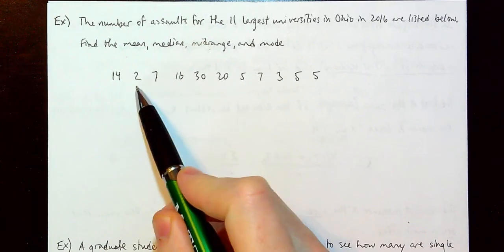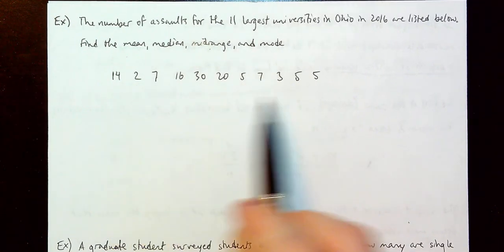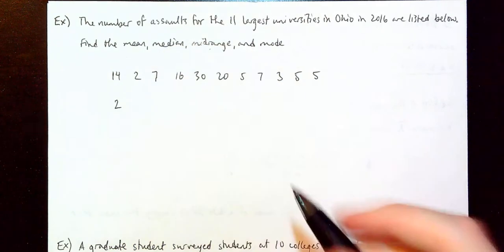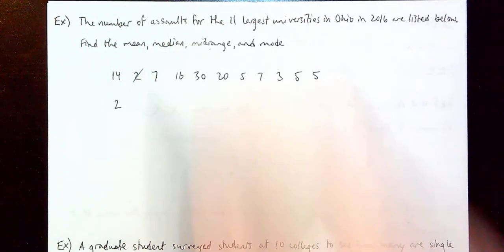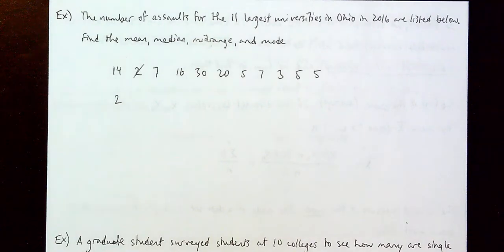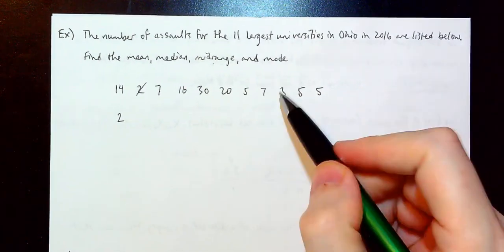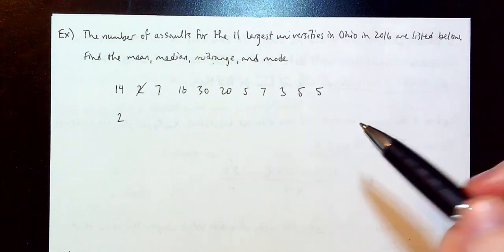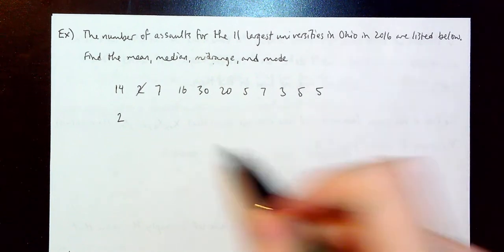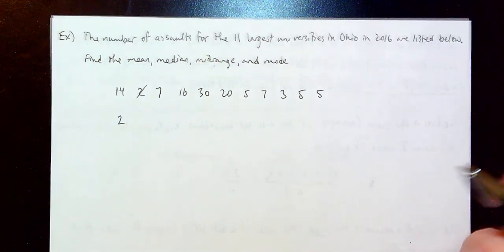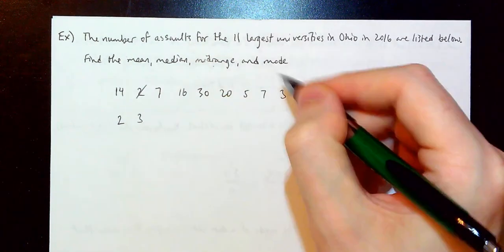So looking at my values here, the lowest number I have is a 2. And once you've placed the data point in its new order, just cross it out from your list here, and then you'll have all those values crossed out, and they'll be put in the order that you want to work with down here. So next I have 3.